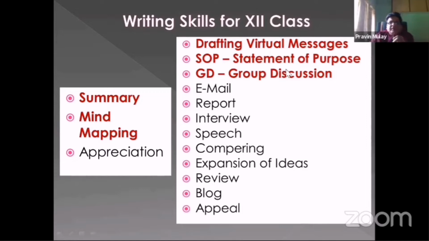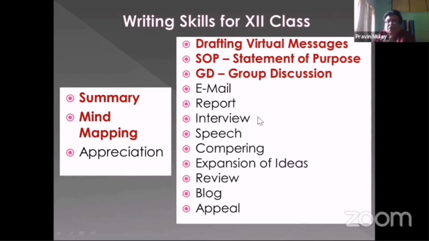Now these 3, drafting virtual messages, statement of purpose, and group discussion, are totally new this year, and so they are in a different color and bold. The other skills have already been introduced, and so these skills still remain at the 12th standard.